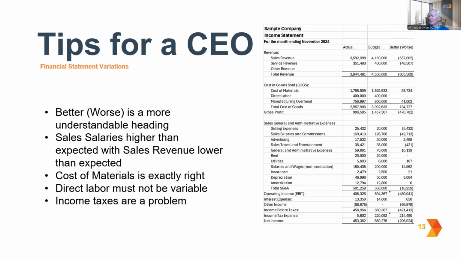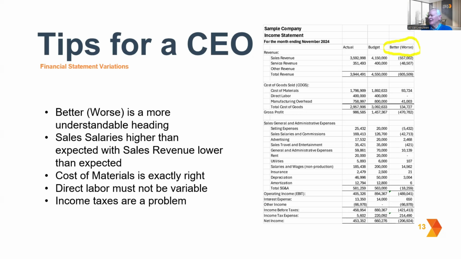When I use a budget, I try to use the words better or worse. The reason I use better or worse is everybody can understand those. So a negative number is worse, I'm doing something worse. A positive number is I'm doing something better.